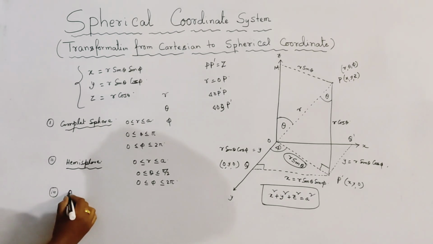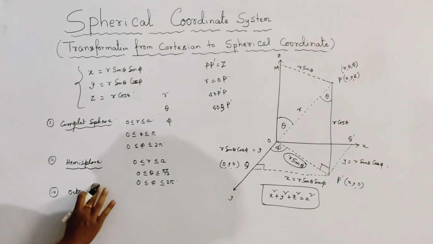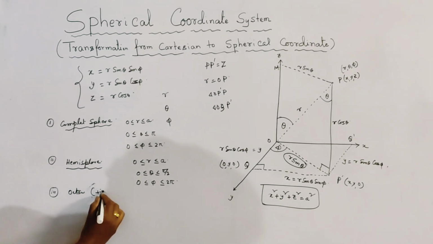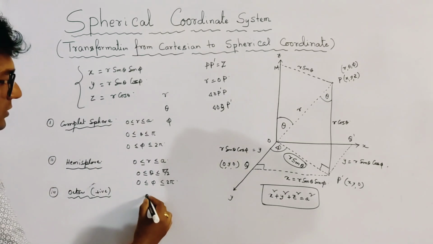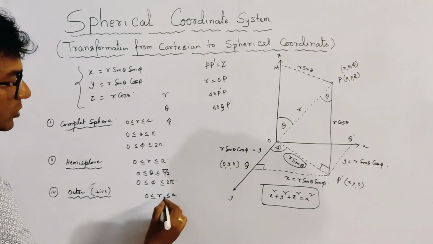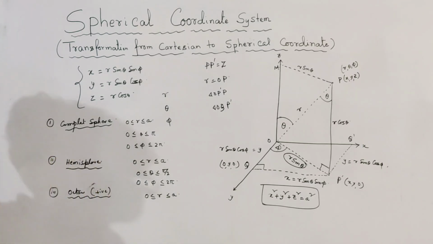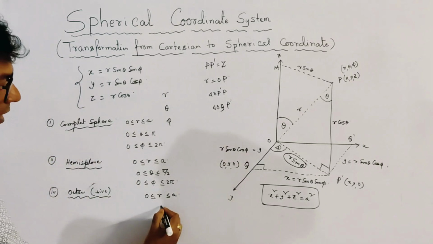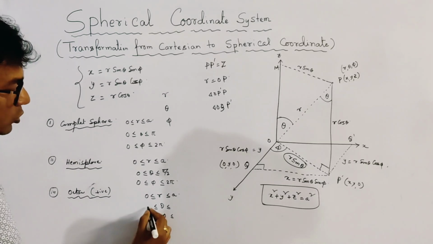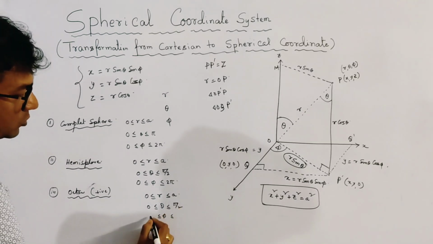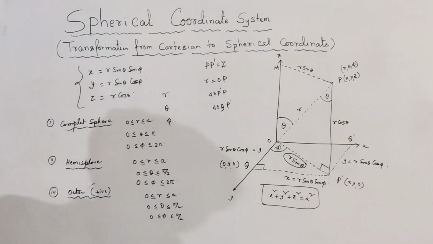And for the third case, an octant, or positive octant, the range is 0 less equal to r less equal to a. This is the first range, unaltered. And here the range of theta and the range of phi are both 0 to pi by 2.